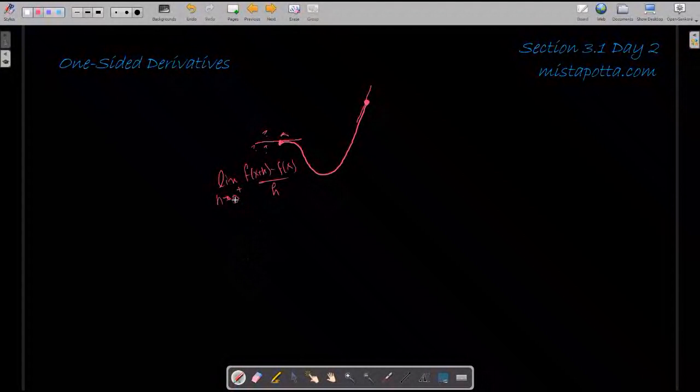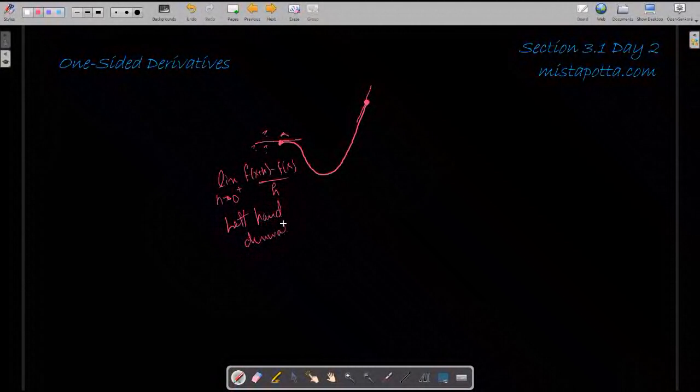And so I can talk about this as being the left-hand derivative, because it's what's happening at the left endpoint of my graph.